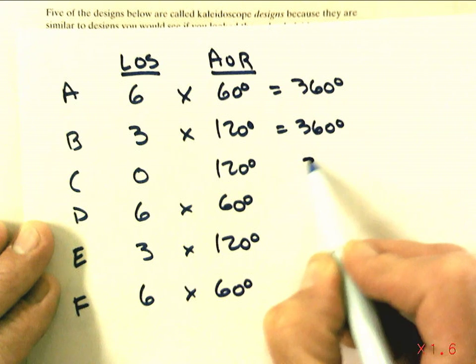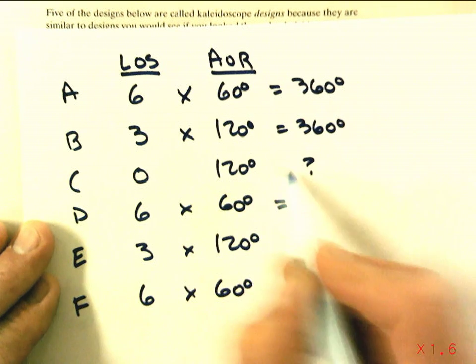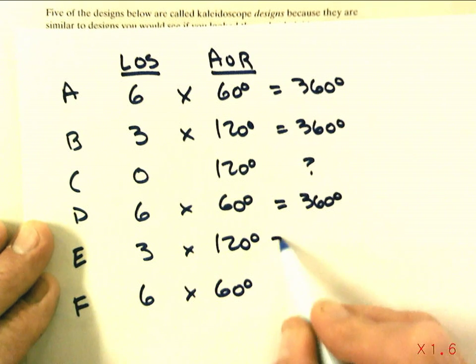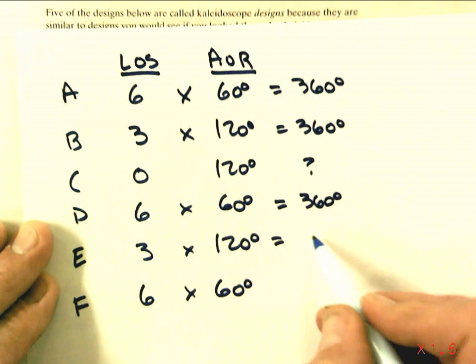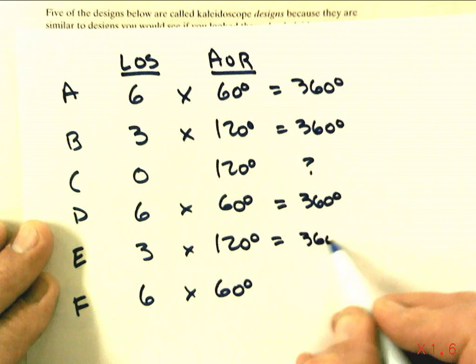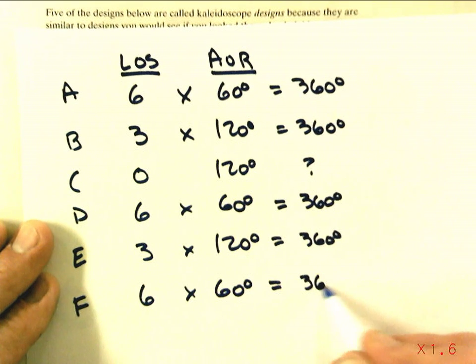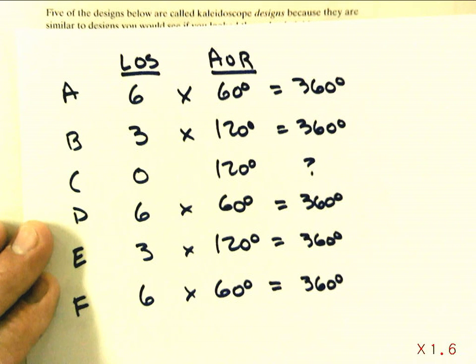And the question would be, why does this one break the rule? Because it looks like if you take the lines of symmetry times the angle of rotation on these circular images, these kaleidoscope images, you always get 360 degrees.